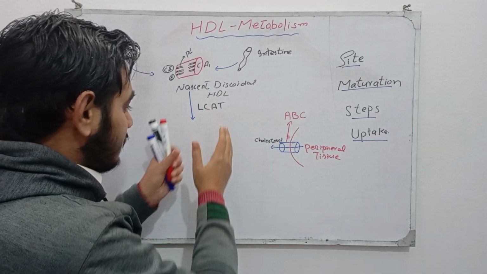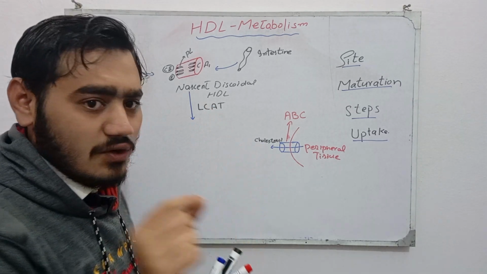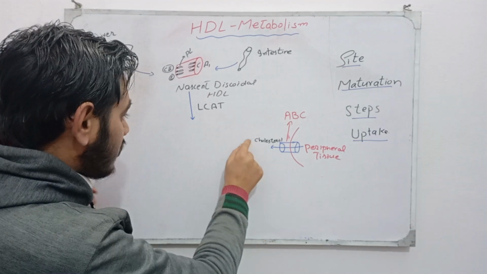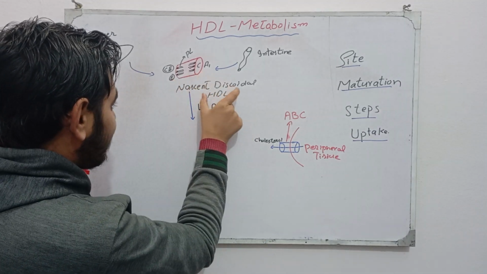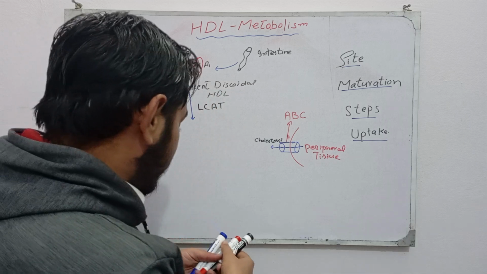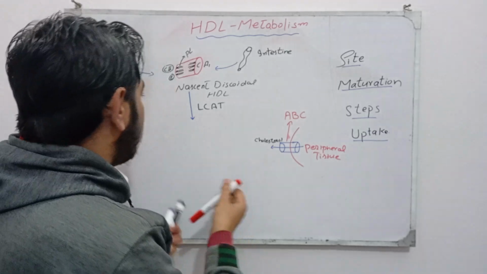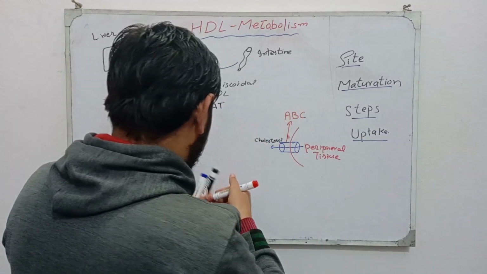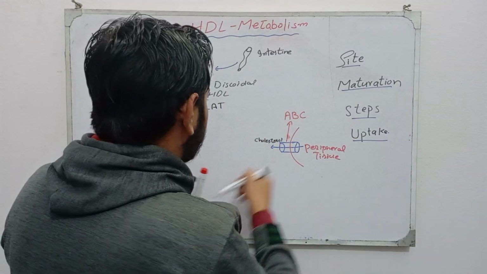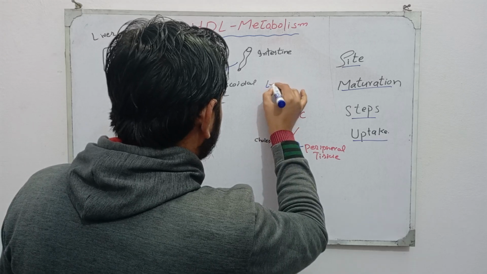It is very important for the esterification of cholesterol, because cholesterol gets attached with the nascent discoidal HDL, and here the esterification of cholesterol occurs. How? Let's see. Here is a phospholipid, lecithin.